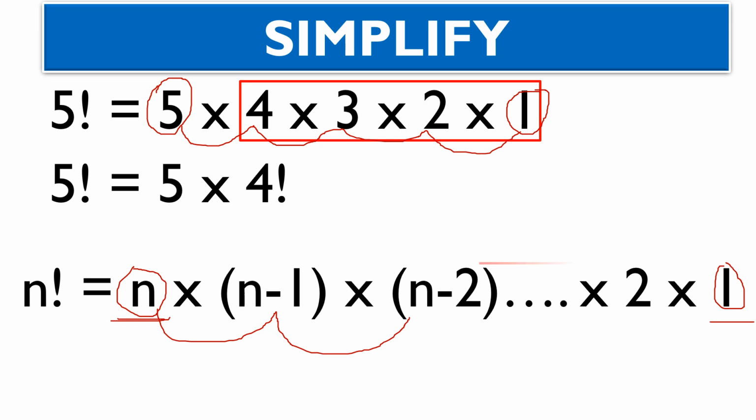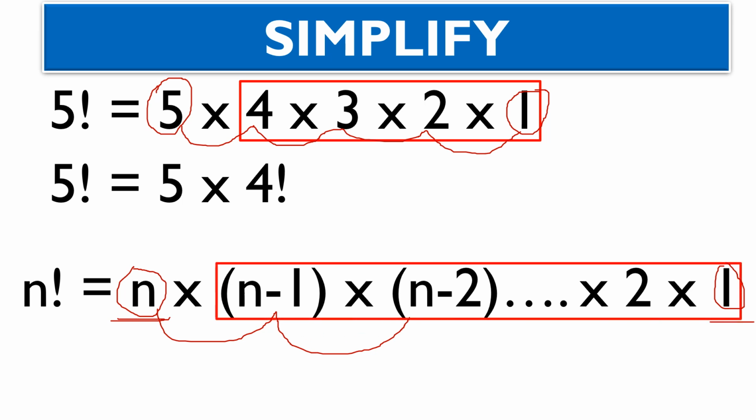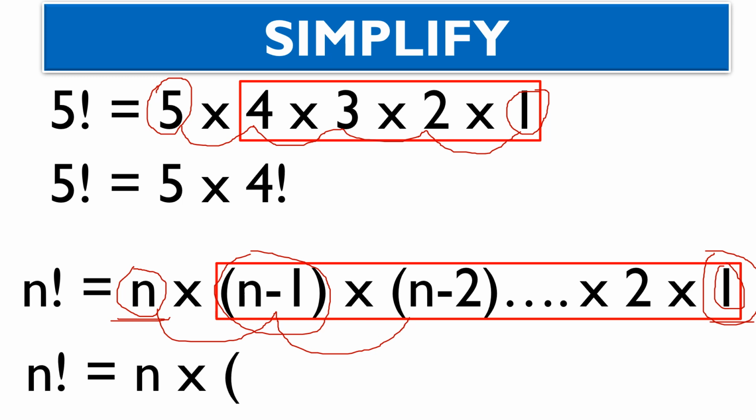Also, this implies that n factorial can be expressed as n times (n minus 1) factorial, because n minus 1, starting and ending with 1, is also (n minus 1) factorial. So we're saying that n factorial is equal to n times (n minus 1) factorial.